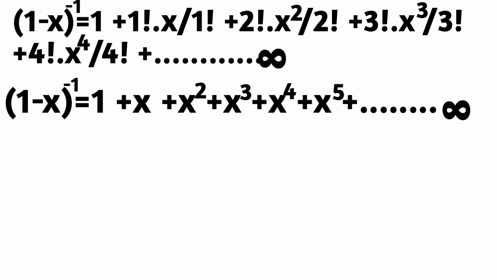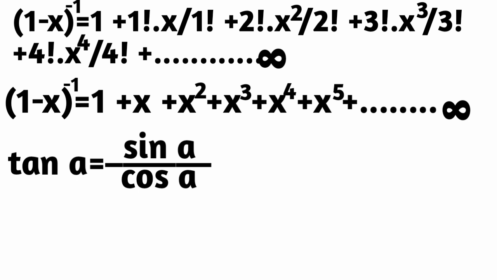The overall process for proving this expression will become clear when we use it in proving tan alpha. This value is just like an infinite series with an increasing degree of x.